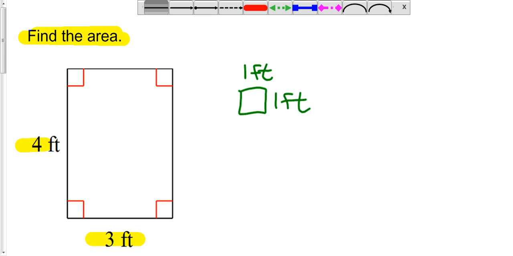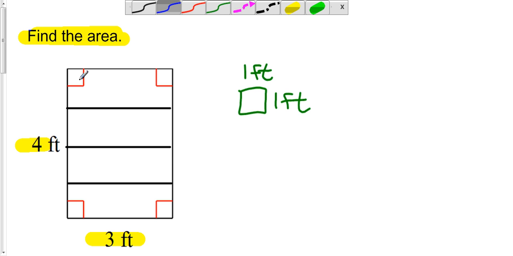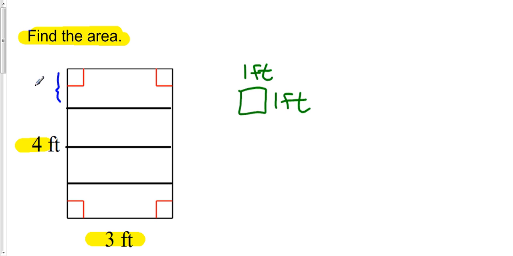In fact, what we'll do here is we'll use our line tool. So if I want to break this up into 4, I just draw 3 lines that break it up into 4 sections. And what I can say is that each of these sections here is 1 foot.